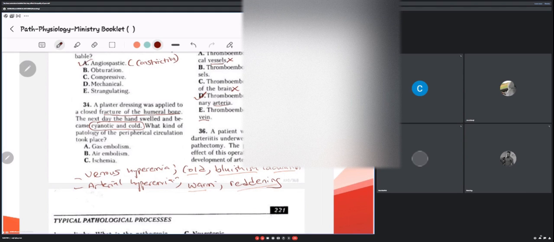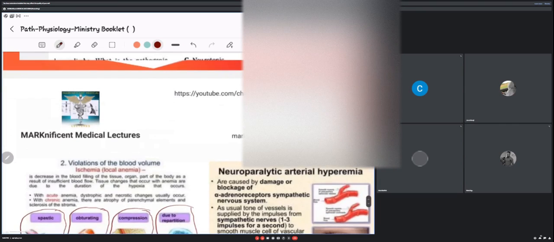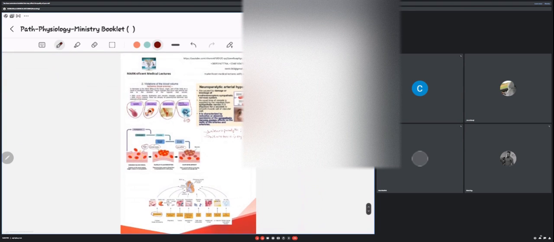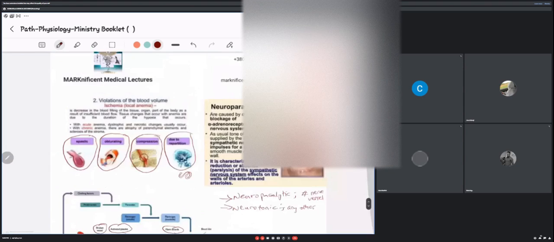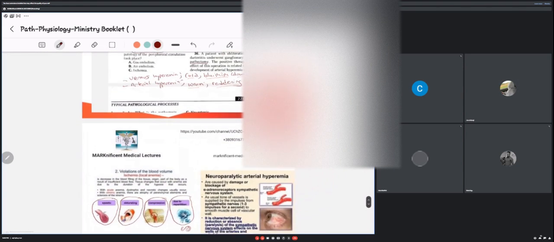So what is this suggesting? Because this is removal. So this is neuroparalytic. Remember what I told you when there's removal or damage of the nerve or vessel. So that is for neuroparalytic.